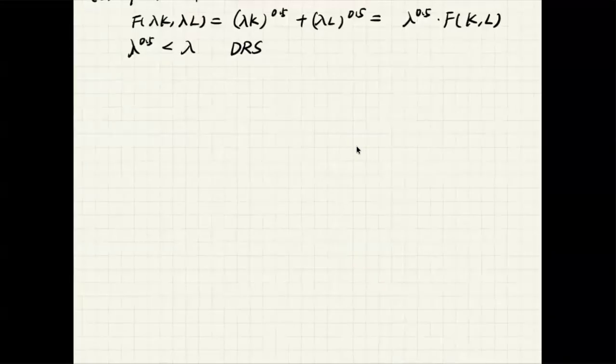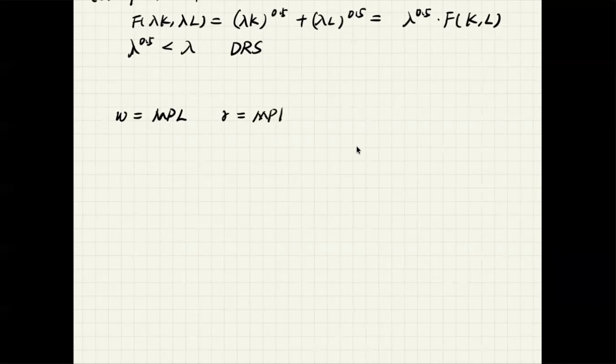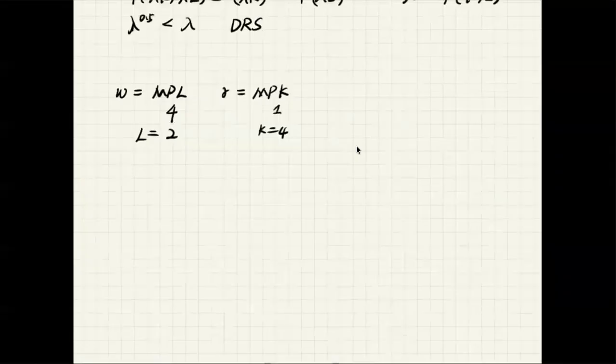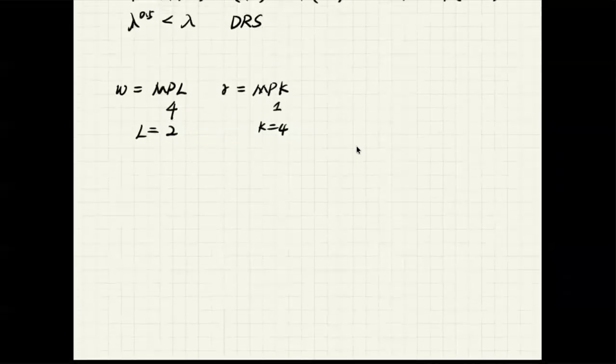Okay, so the next thing, in the competitive market, what do you know about the wage and the rent? Actually, the wage is just the MPL, the marginal product of labor, and the rent of capital equals the marginal product of capital. And you know MPL is 4, right? And L equals 2, and MPK is 1, K is 4. So do you know what the labor income is?